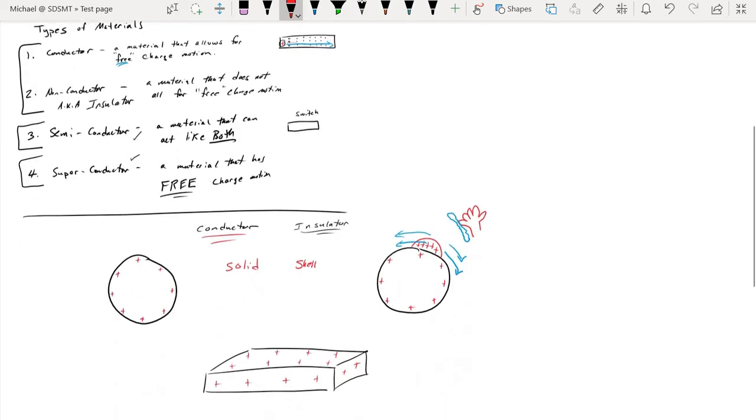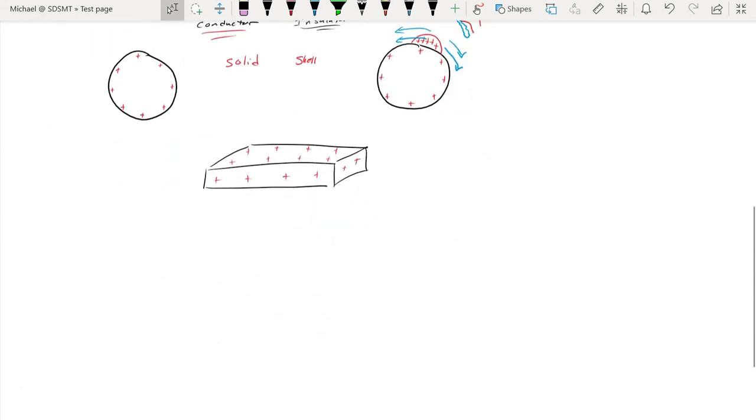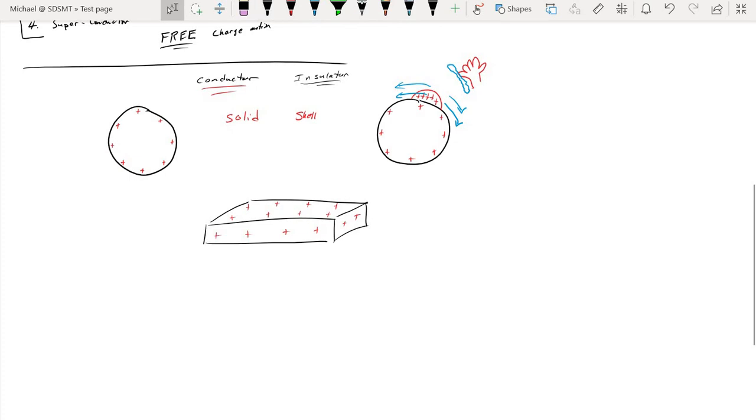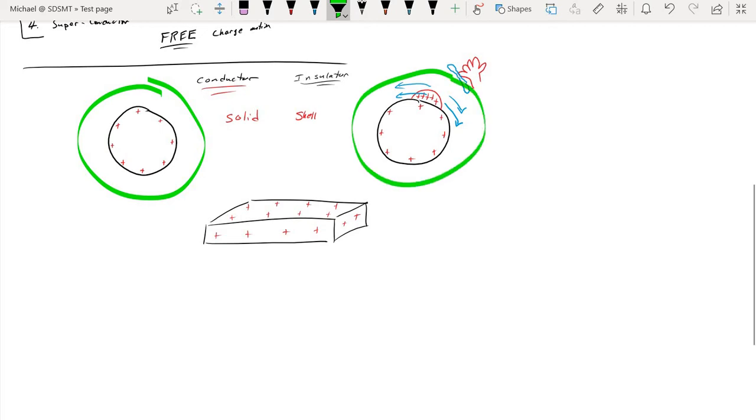Because the next thing that we are going to do is take these considerably large collections of charge, and we're going to have to figure out the physics of these situations. And right now, the only thing that we really have available to us is Coulomb's law, and Coulomb's law only works with two charges at a time.